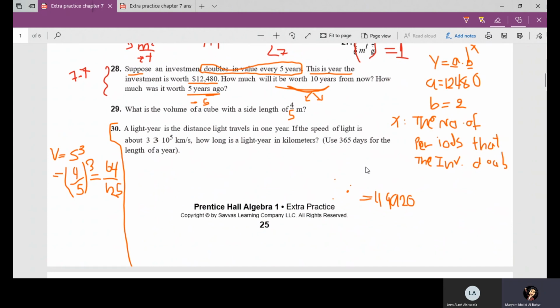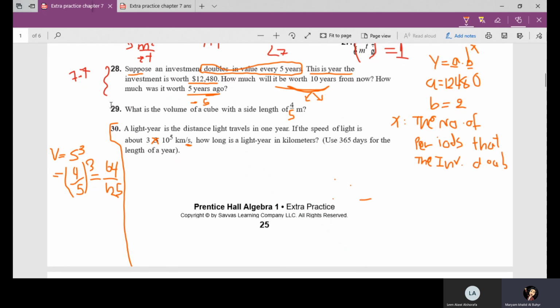Now we have: a light year is the distance light travels in 1 year. If the speed of light is 3 times 10 to the power 5 kilometers per second, I think they mean per second here. How long is a light year in kilometers?